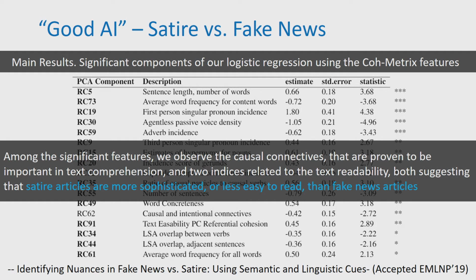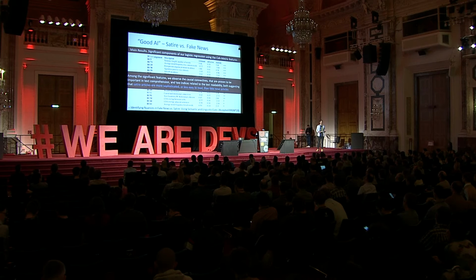These are some indicators. If you hear, for example, sometimes that they say that the story was written at the 6th grade level, at the 8th grade level, 2nd grade level, these are these kinds of indicators about text readability. And we saw both of them are saying that satire articles are actually less easy to read, or more sophisticated, than fake news articles, which is quite interesting.